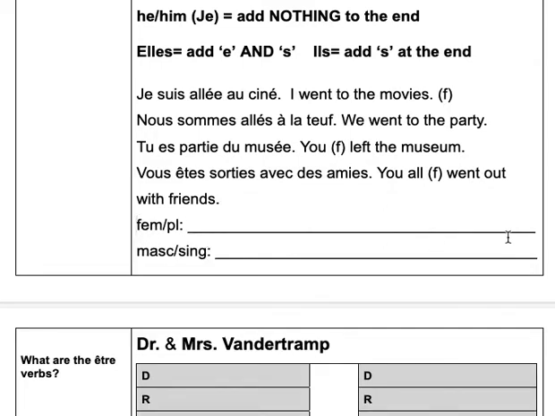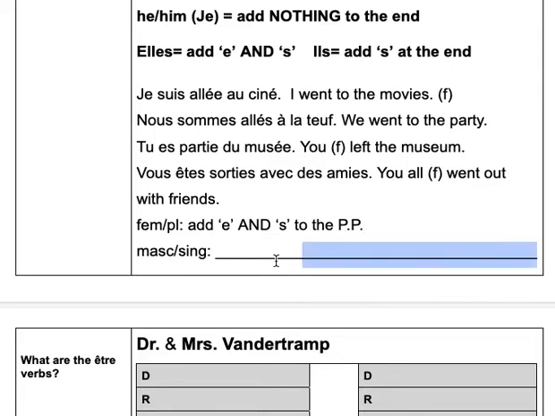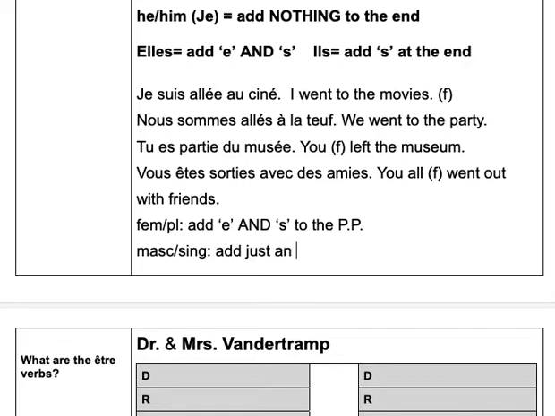So, feminine plural, let's review really quick. Feminine plural, we need to add an E and an S to the past participle. I'm just going to do PP. Masculine singular, we need to add just an S. Oh, sorry, my bad. Masculine singular, we add nothing.